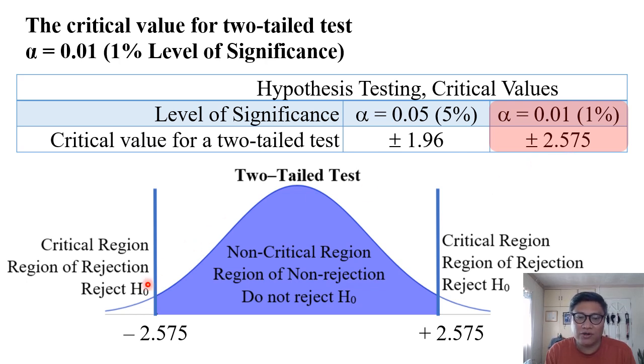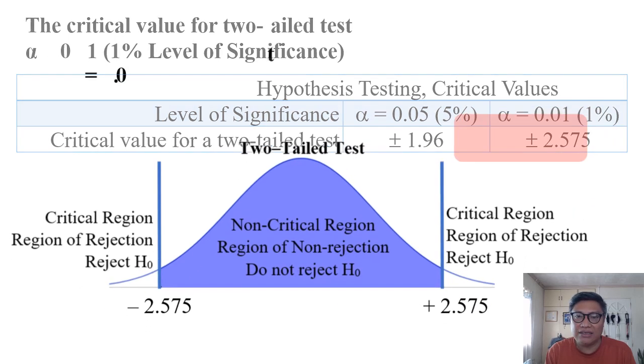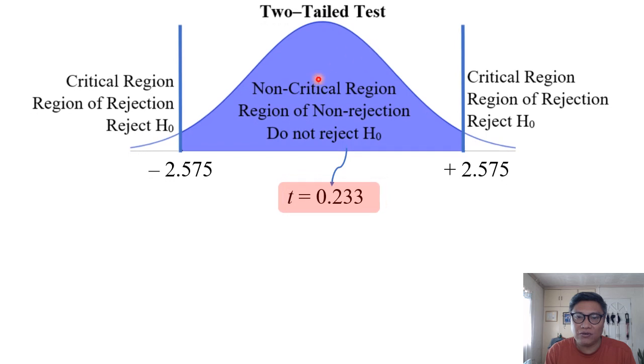So that's the one that we are going to put here as demarcations. Then we plot where the computed t-value is located. So the computed t-value is located, class, somewhere here. Not really accurate, but we know that it is between your critical values. Then we know already what to do.